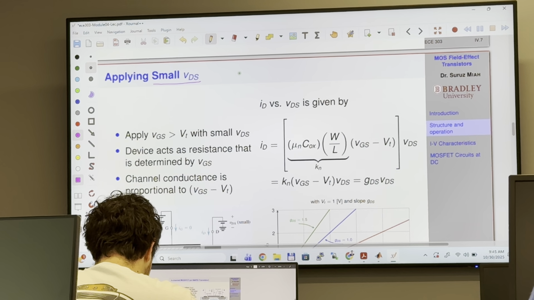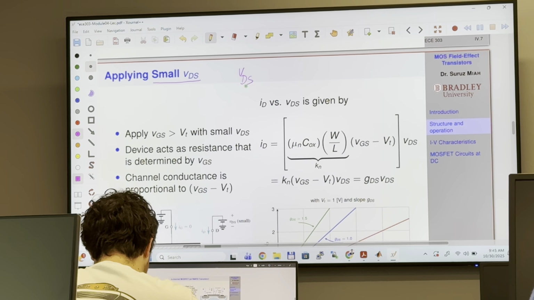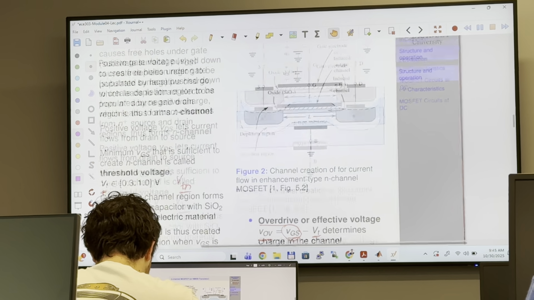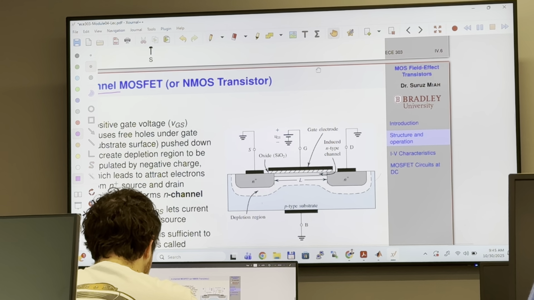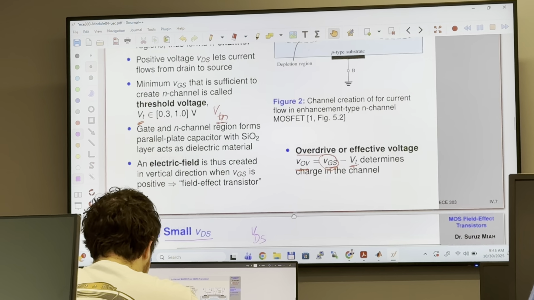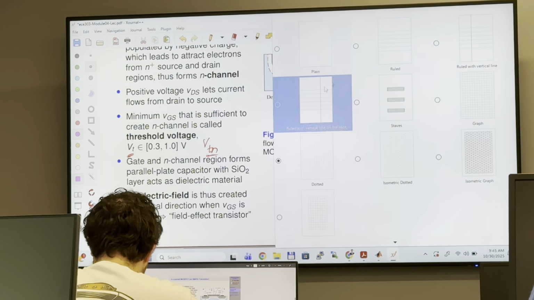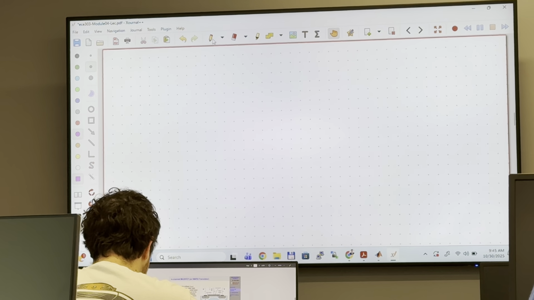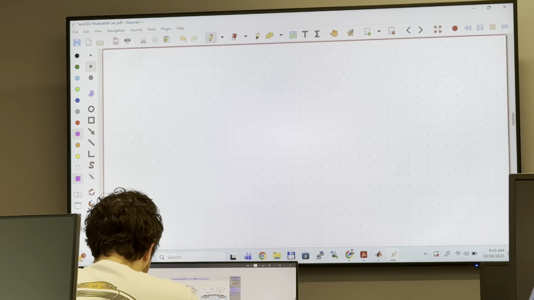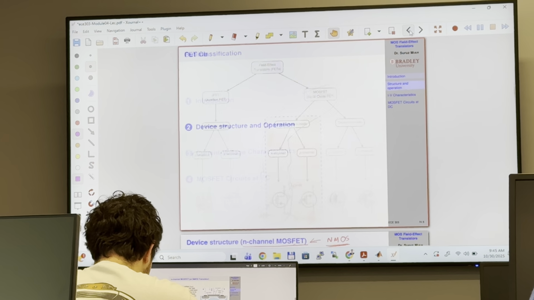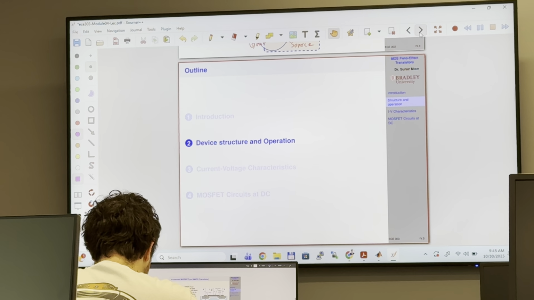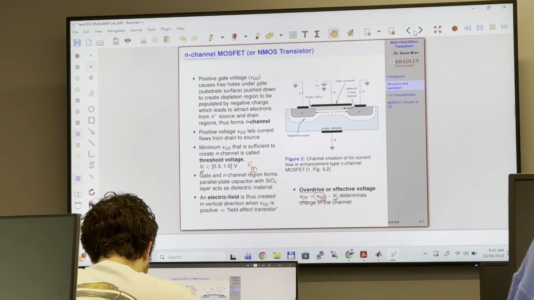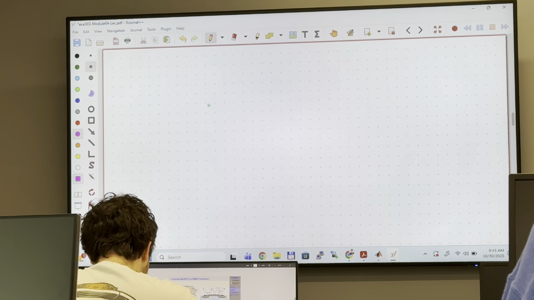What is VDS? VDS is the voltage you apply at the drain terminal. I'm just going to use the simple symbol.